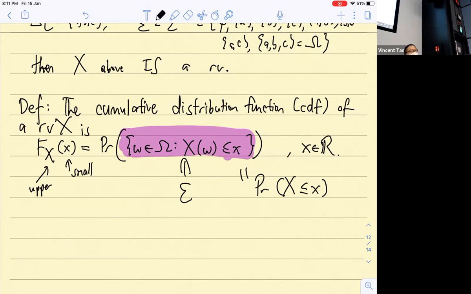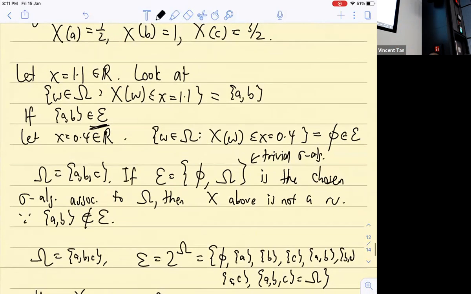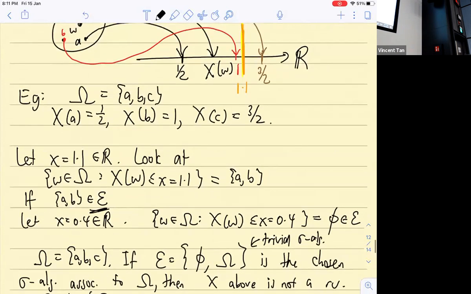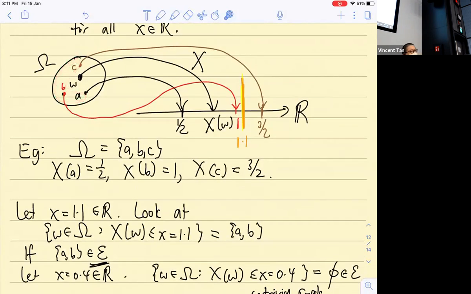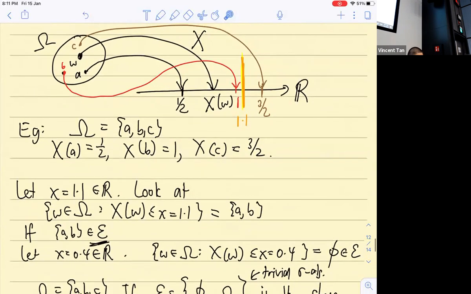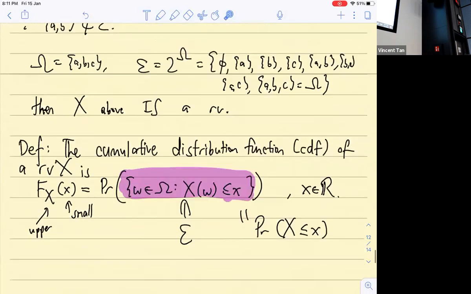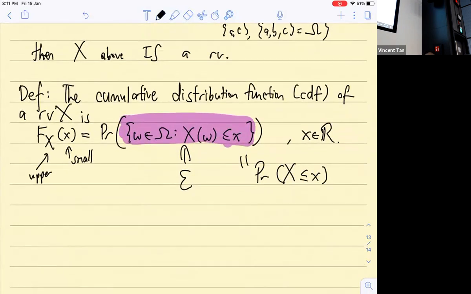We are referring to the probability of some event in the sample space itself. So when we talk about X less than or equal to x, we are referring to this space here, but really we are measuring some elements here. We are going back. That's what we are doing when we talk about probability. This is the formal way of doing things, and already I'm being a bit informal.